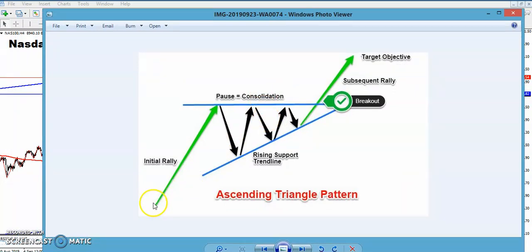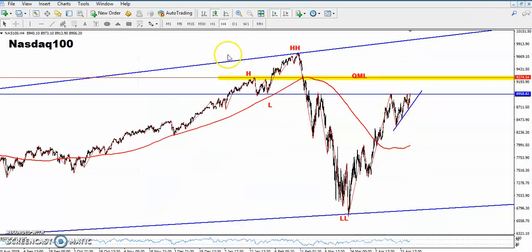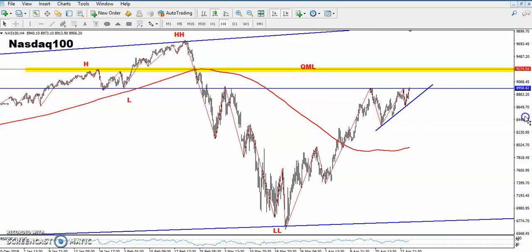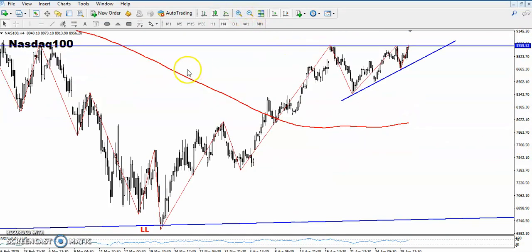You can see that we have this strong rally, then the market is currently somewhere here on this one. It's so simple to trade this one. We just wait to see what happens around this level. If we have a strong close above this level, followed by a strong bullish candle, then we are buying this market.